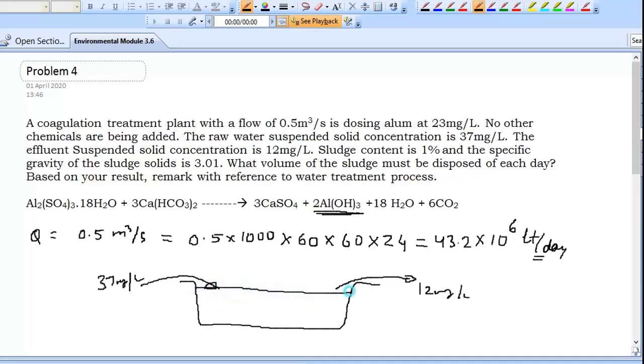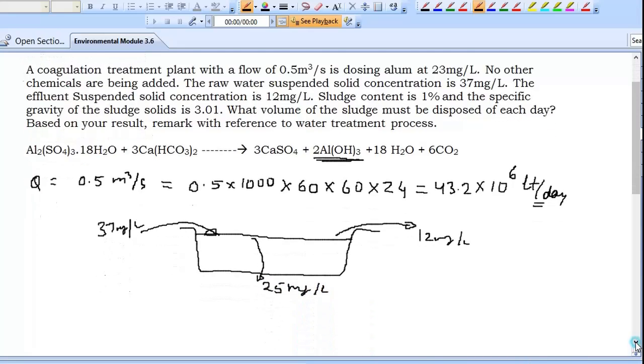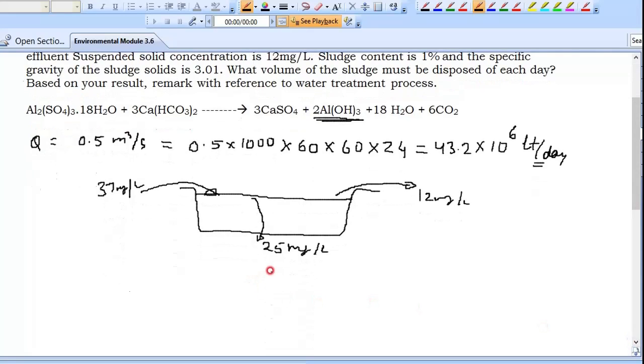This is a sedimentation tank. Means 37 minus 12 is 25. Then 25 mg per liter is settled down. Very important. 25 mg per liter is settled down. I will write it here.